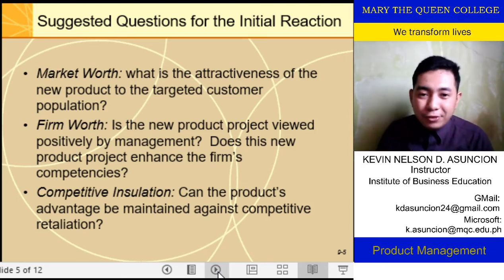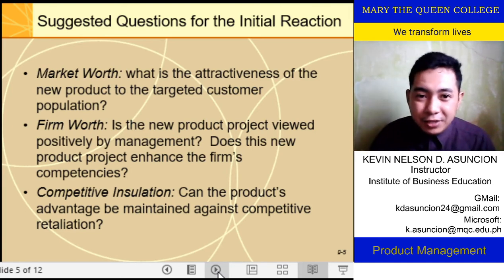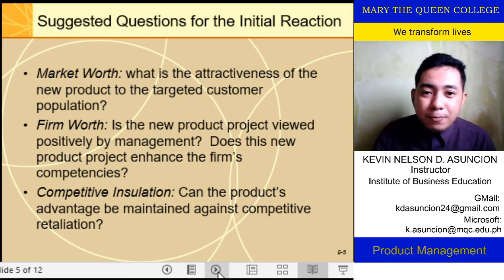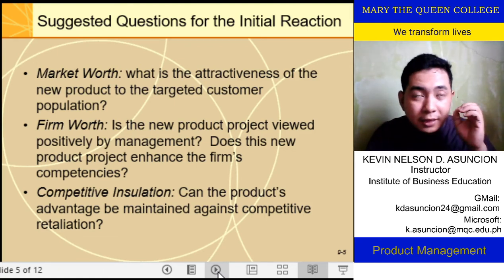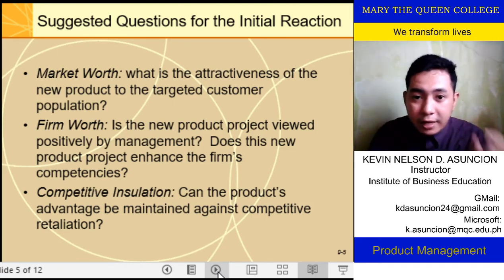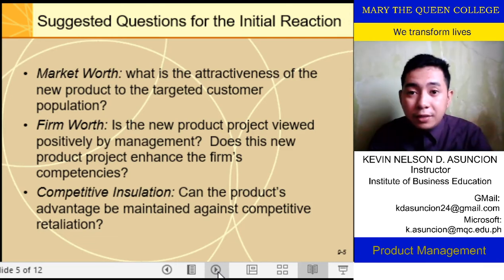Then, the firm worth. This talks about the organization and the brand. Is the new product project viewed positively by management? Does this new product project enhance the firm's competencies? Will it add to the worth and attractiveness of the company or its reputation?